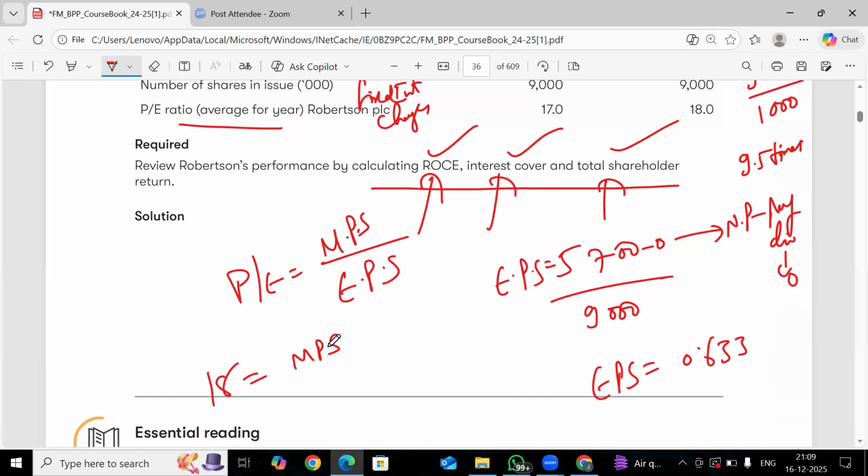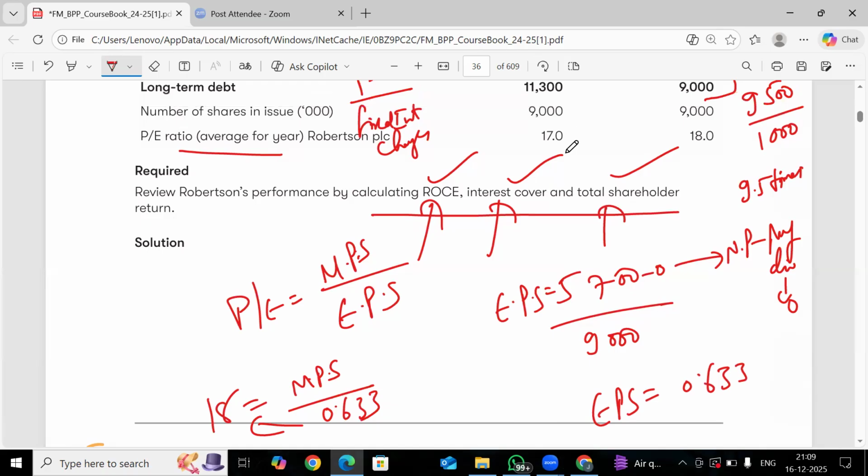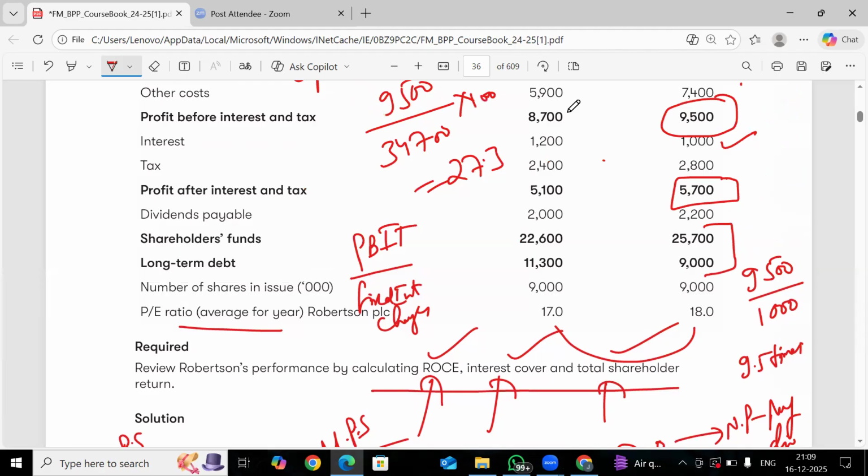Market price per share by 0.633. We'll cross multiply, and we want the previous year also, because we want to check the total shareholder return. So the previous year PE ratio is 17. Market price per share by EPS for the previous year. Previous year profit after interest and taxes 5,100 divided by outstanding shares 9,000.